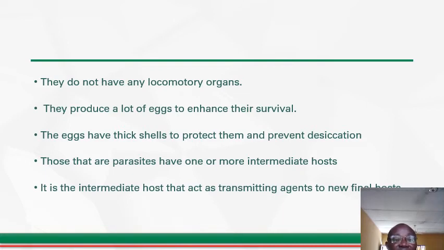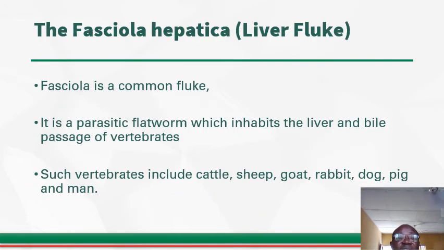Those that are parasites have one or more intermediate hosts. It is the intermediate host that acts as a transmitting agent to a new final host. We are going to see this double host that they must pass through before they can infect and cause havoc. Then we look at the liver fluke.